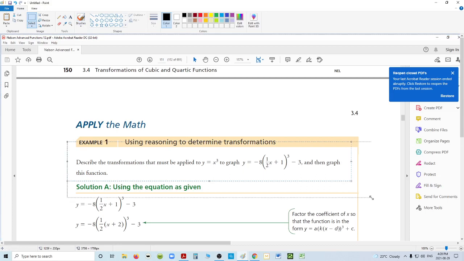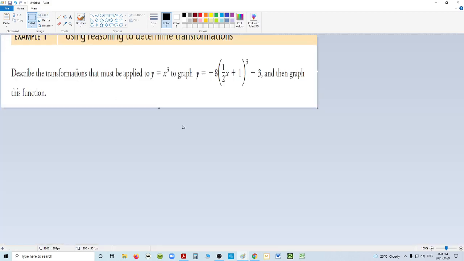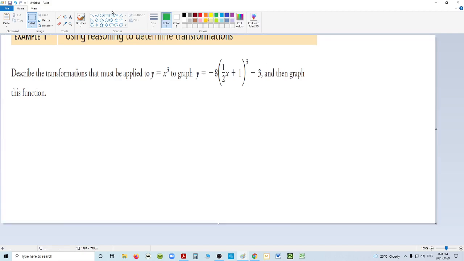So let's look at this and see if we can identify all the y transformations by putting a green box around it. And the y transformations are easy to spot. They're going to be outside the bracket, not inside. And then we're going to use purple, and we're going to surround all the x transformations. Now I want you to be very careful here, because in the book it likes doing it like this, and your teacher's going to like doing it like that.